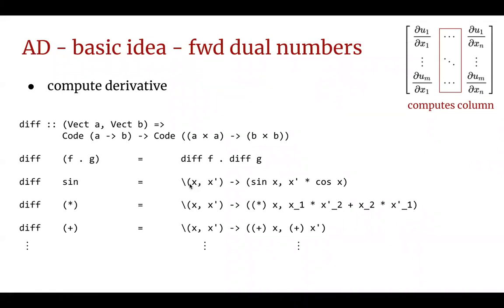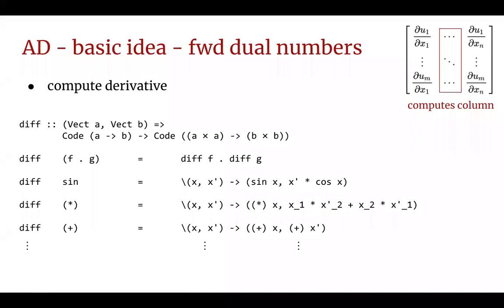So x is an input value, x prime is a tangent vector as input. In this case, a one-dimensional tangent vector, because the input is one-dimensional. And we return a pair of the function value sine of x and the derivative propagated, the tangent vector propagated along the derivative. So x prime multiplied with cosine of x.